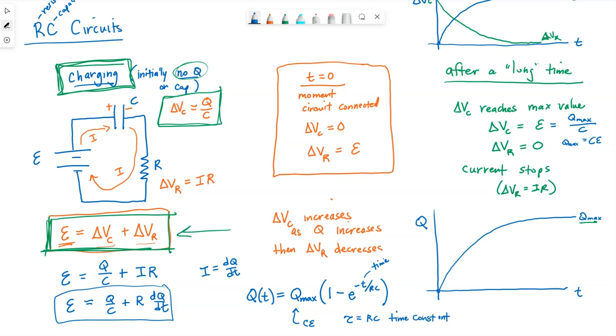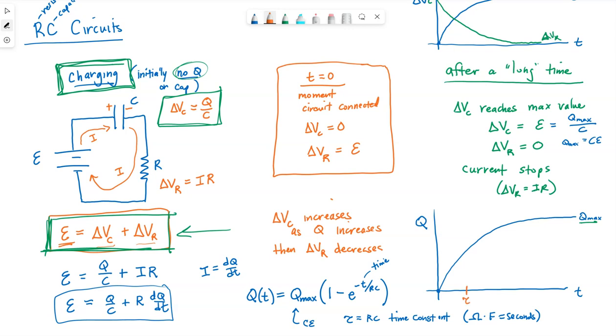We use the Greek letter tau to represent it. By the way, R in ohms times C in farads has units of seconds. This time constant is a specific amount of time.